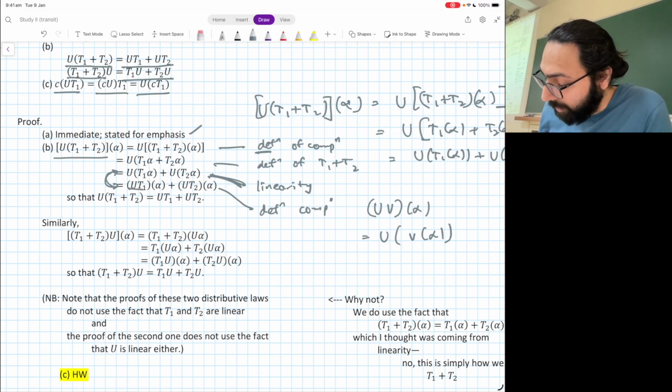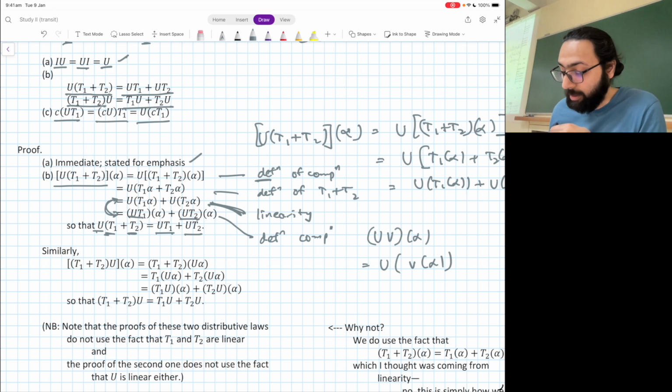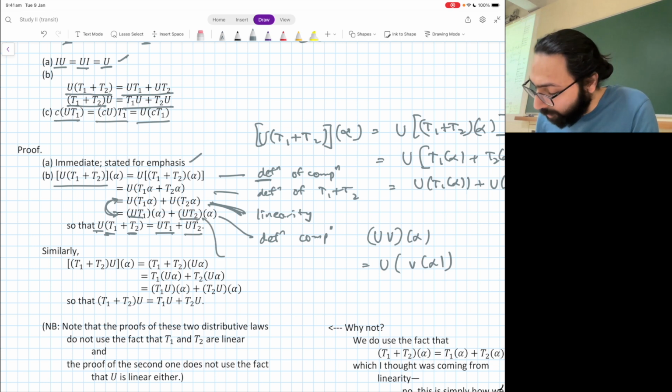And then the final step is, right. So now you have UT1, UT2. This is okay, and now we can conclude that U acting on T1 plus T2 is the same as UT1 plus UT2. This last one is using one more property, which is the sum property.